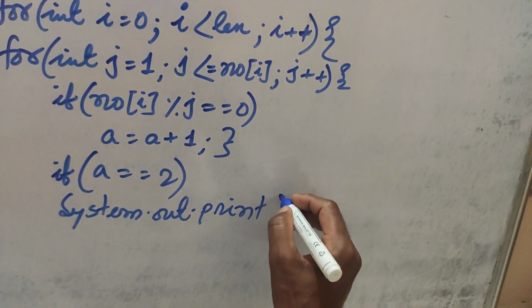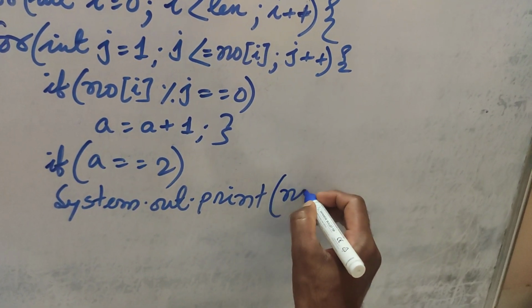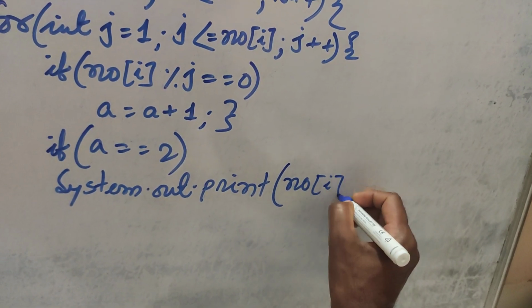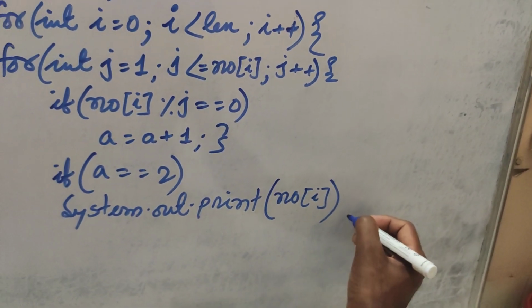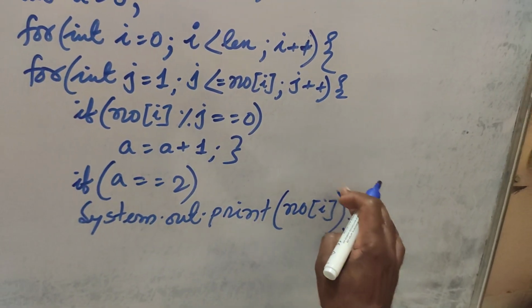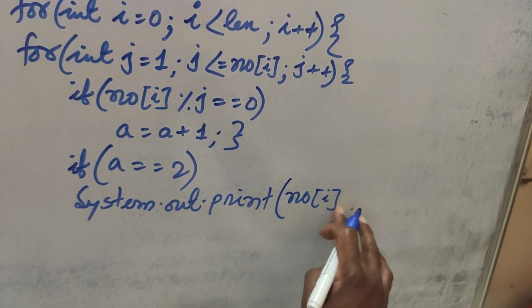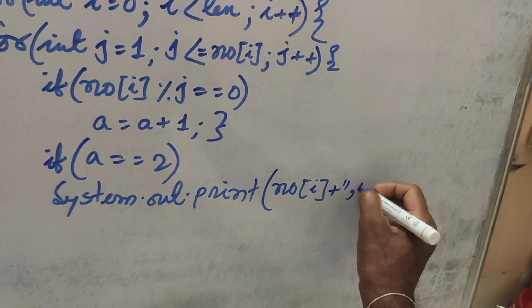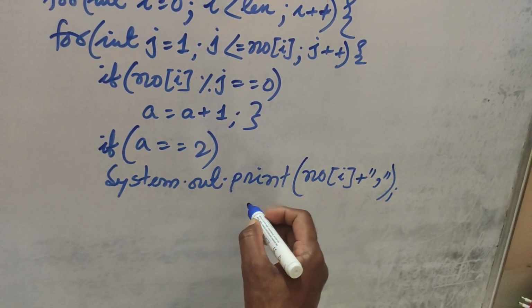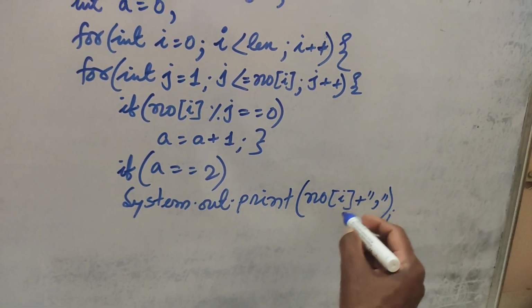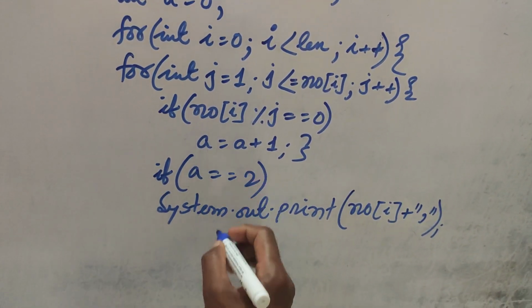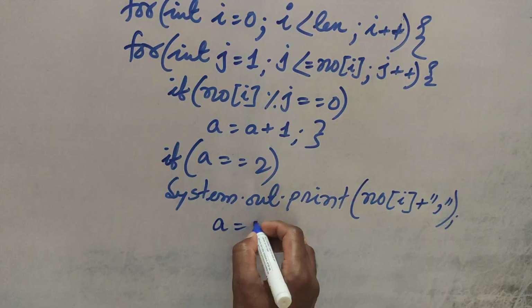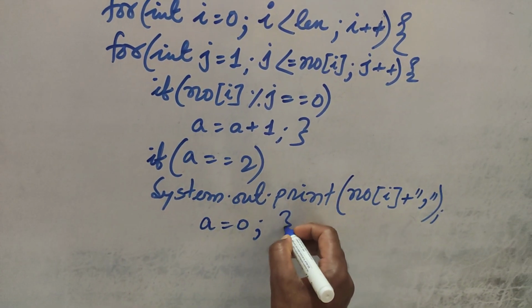Print no[i], or println also you can give, but I print with a little gap, so the computer displays on the same line. That's why I am writing print no[i]. Then a equal to 0 you need to write here.